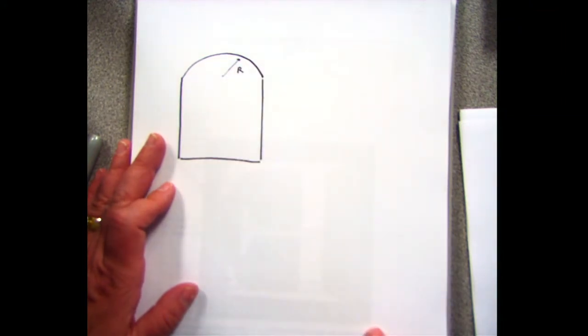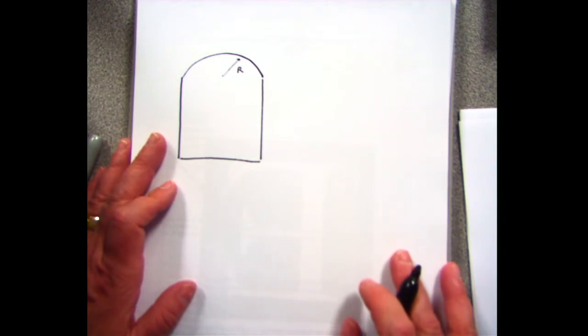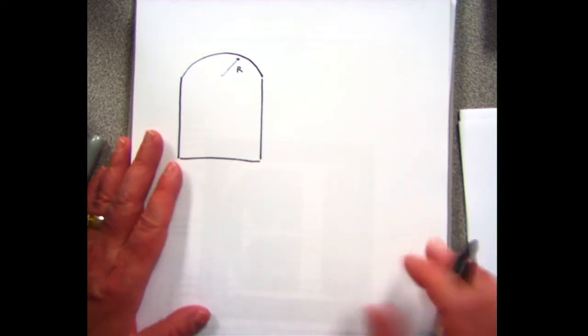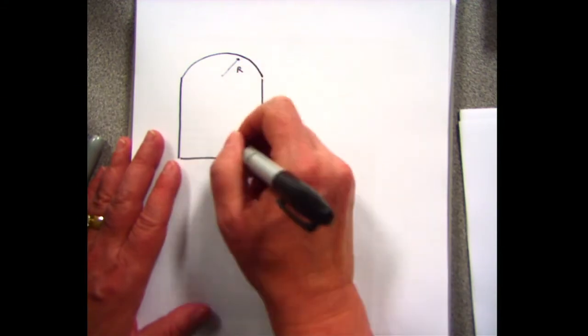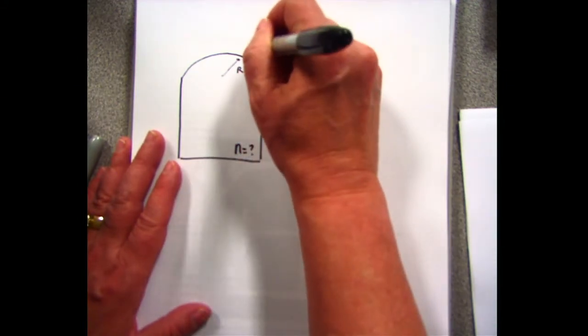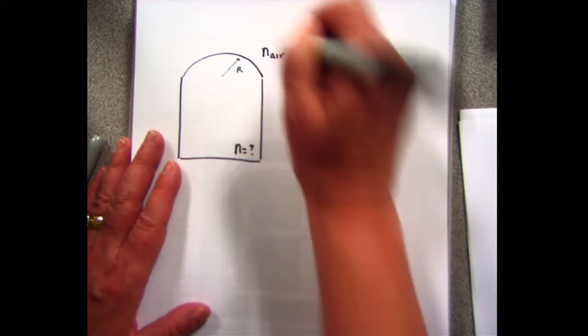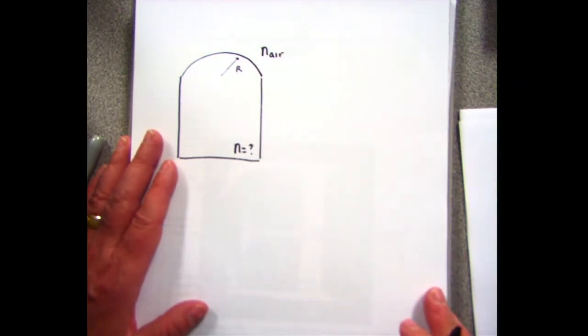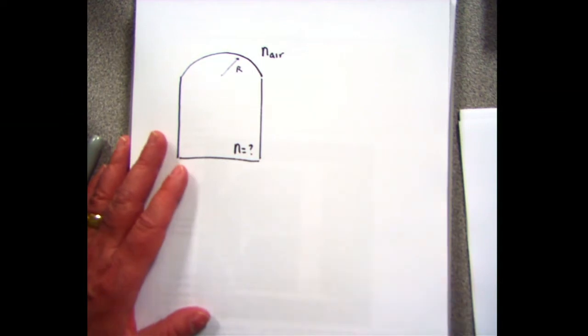And we know, because we've done refraction and reflection, the difference is that this now has an index of refraction, and this is my index of refraction of air. So I get a difference between those indexes of refraction.